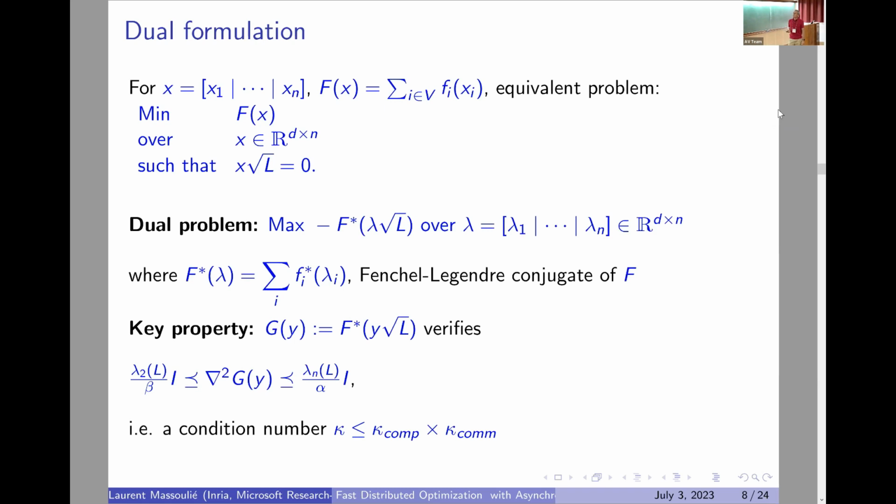And what is nice about the dual formulation is that it combines in a crisp manner the hardness of the functions and the hardness of the networks.